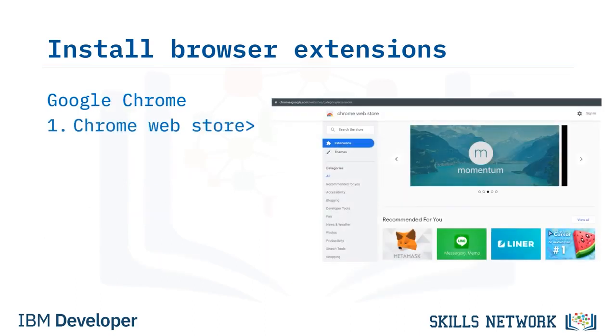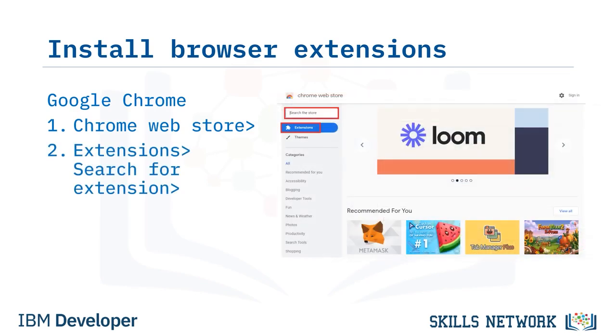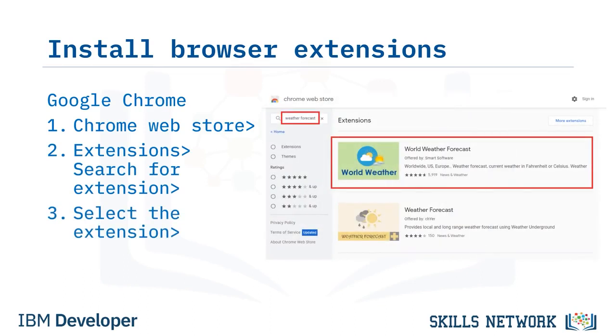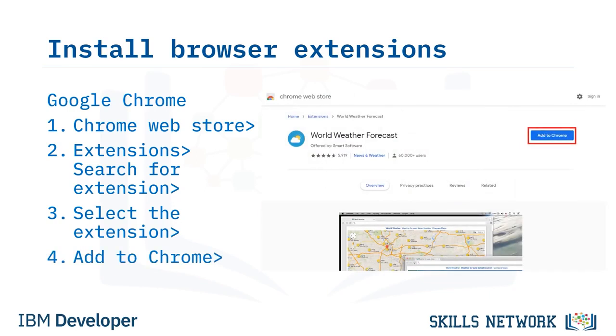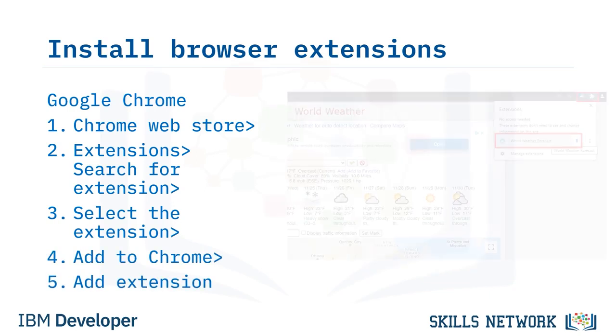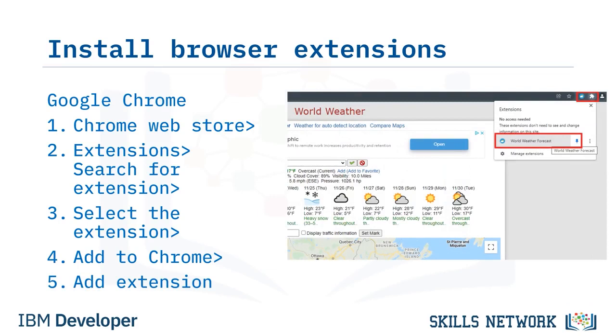Whereas, to install browser extensions in Google Chrome, you browse to the Chrome Web Store, then, in the Extensions section, you search for the extension you want to install. Select the extension from the suggested list, select Add to Chrome, and then select Add Extension. And your new extensions toolbar will now be visible in your web browser.